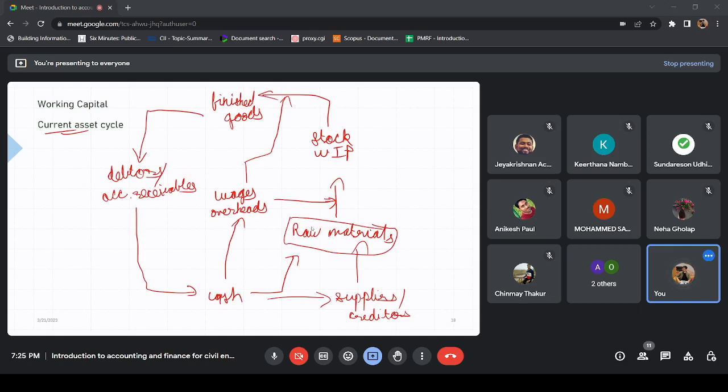It didn't happen at the same moment. Like you bought some raw materials, but you paid them later. If your condition said 2 weeks later or 1 month later, you paid them later. But you raised it in your account books because you have accrual basis, right? You do entries on the accrual basis.